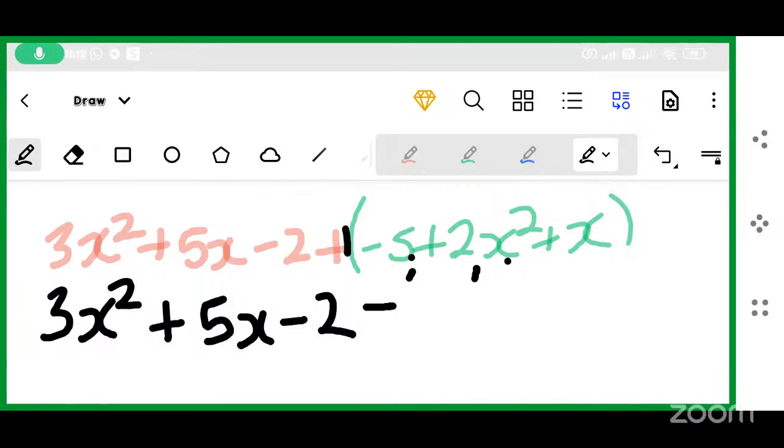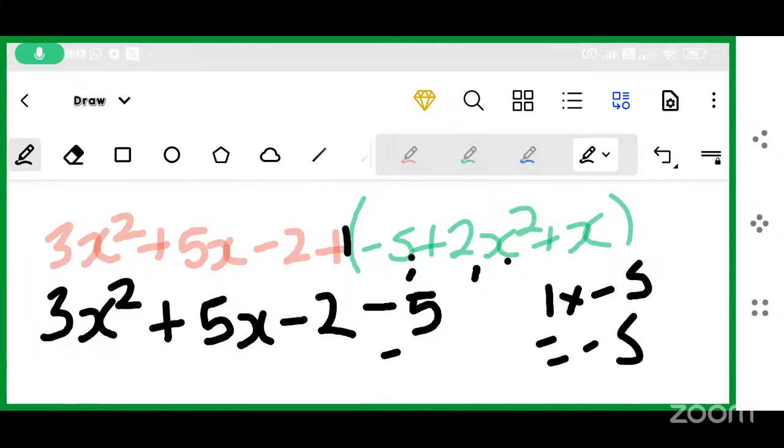What is positive 1 multiplied by negative 5? Negative 5. Perfect.